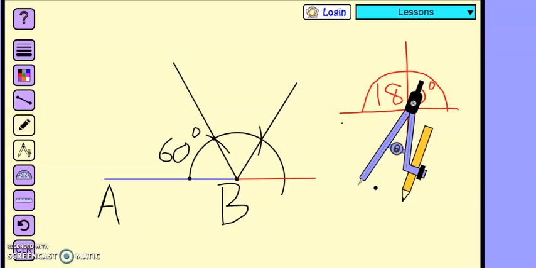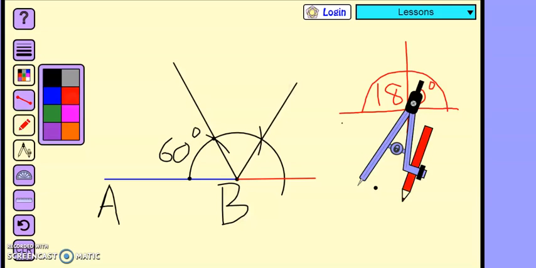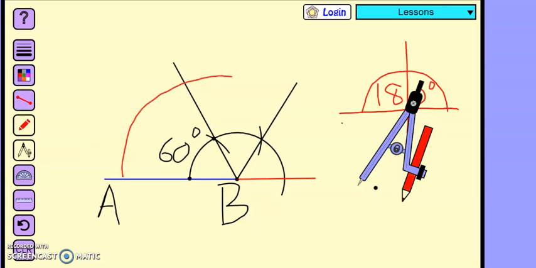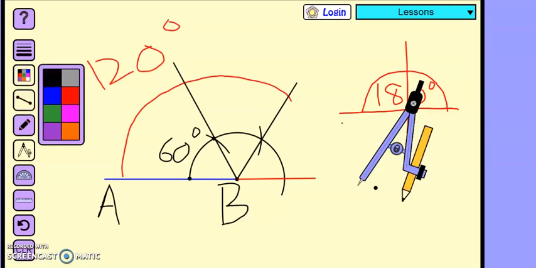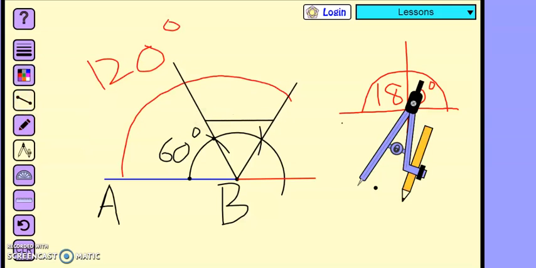So this complete angle is of measure 120 degree, and this one is a part, again of measure 60 degree. And the last part, as I have explained, is again of measure 60 degree.